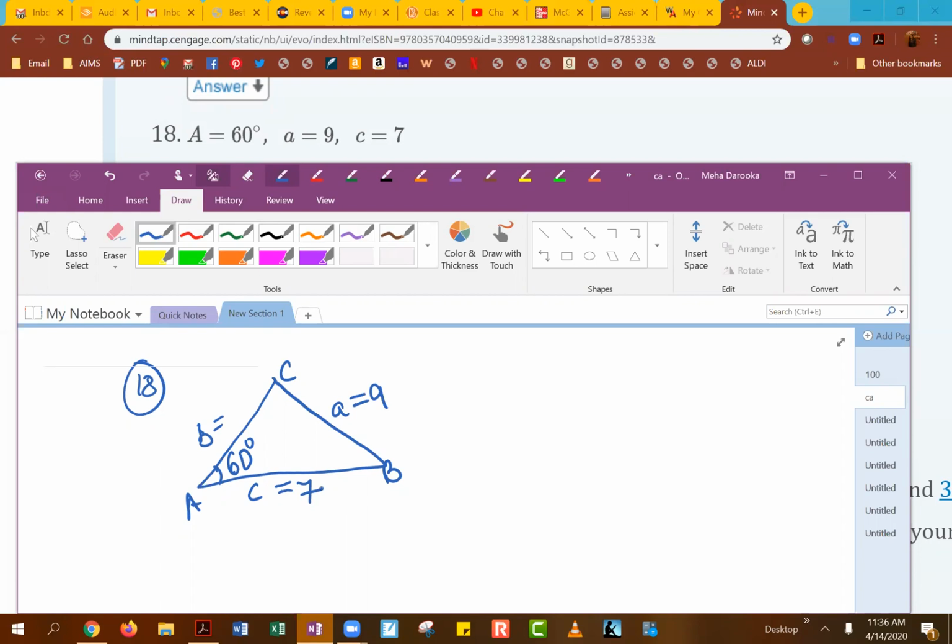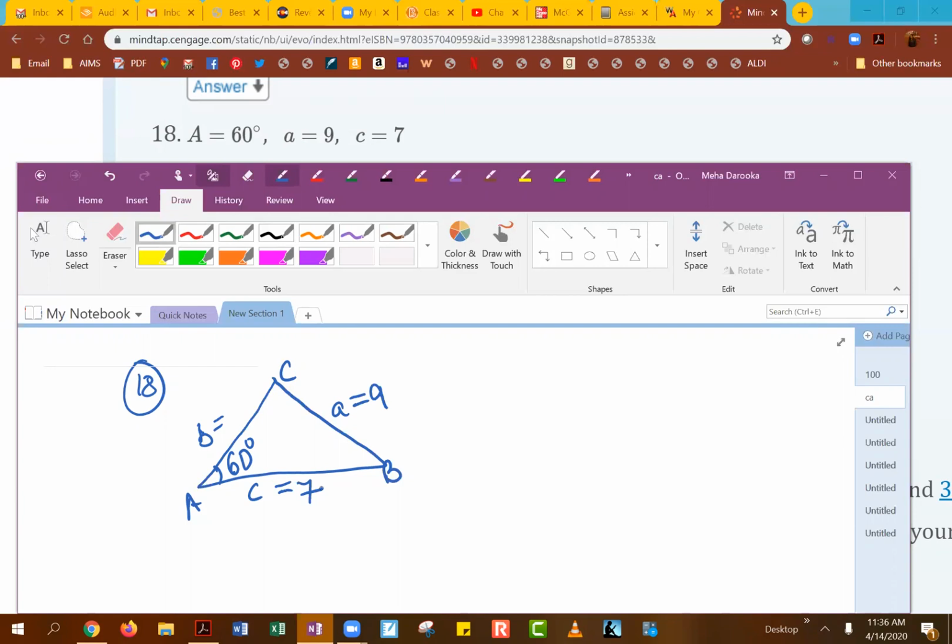So where do you think we can start? Because if we're given side A, angle A, and side C, where can we go from there?